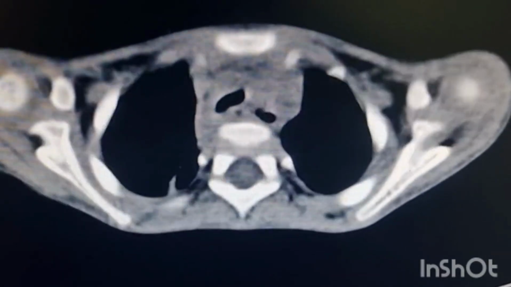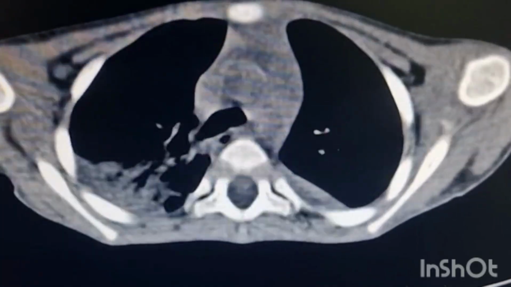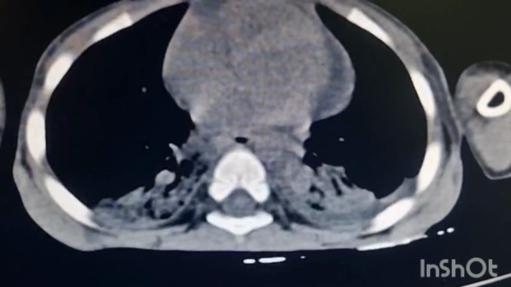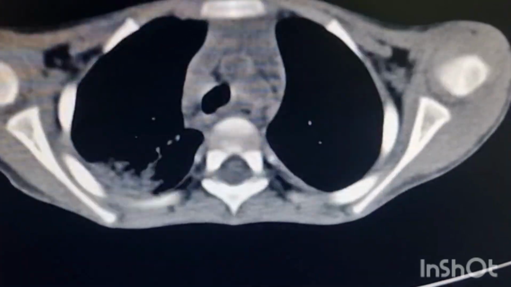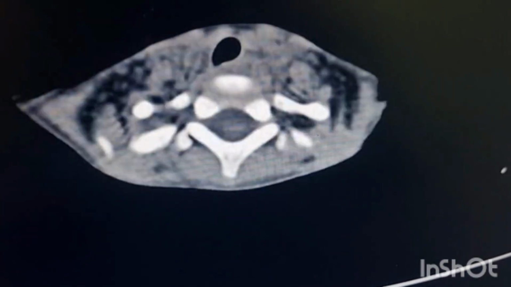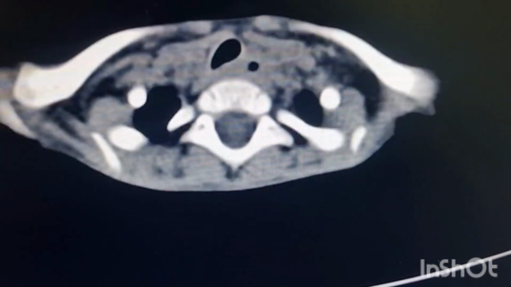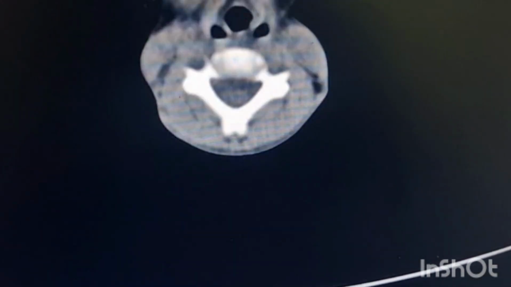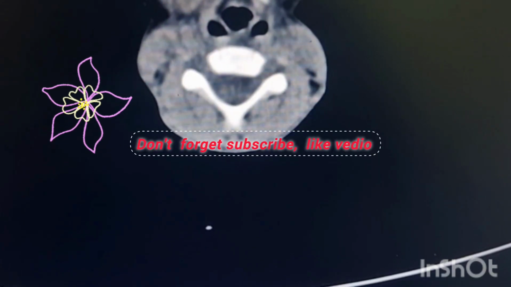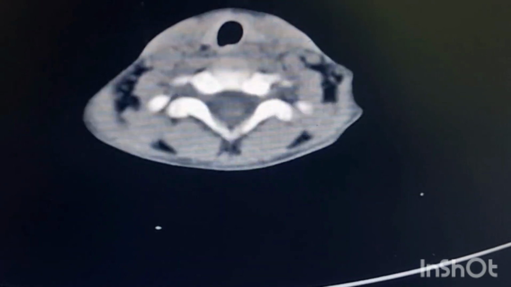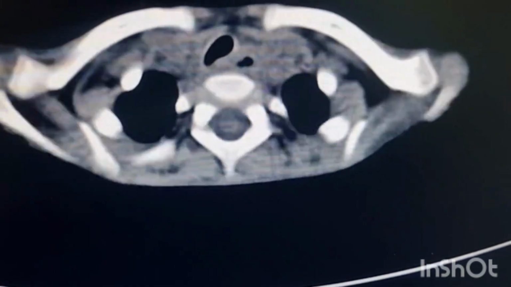So, in a nutshell, the story is that this is a case of iatrogenic partial tracheoesophageal fistula due to a long-standing coin in the esophagus that causes consolidation and collapse in the bilateral basal segments of the lower lobe with minimal left pleural effusion.